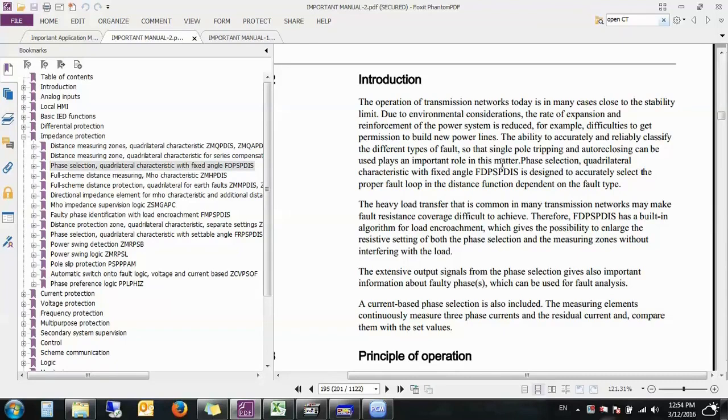This improves or enhances your system's capability. After that, you need to correctly classify the fault in the selection, which is essentially about quadrature characteristics with a fixed angle, but it has a part in the forward and a part in the reverse. This is the story of the phase selection.